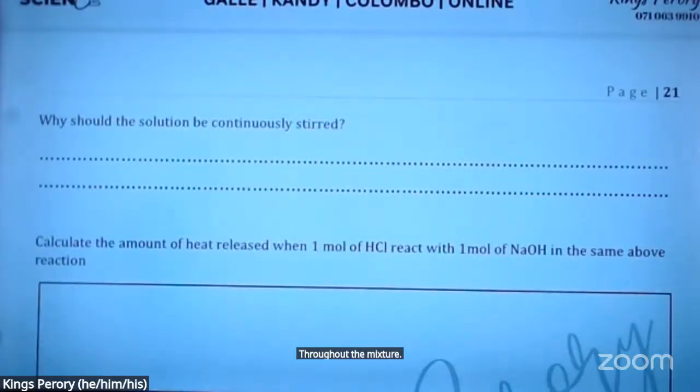Again, I repeat, to maintain the temperature of the solution uniform throughout the mixture.